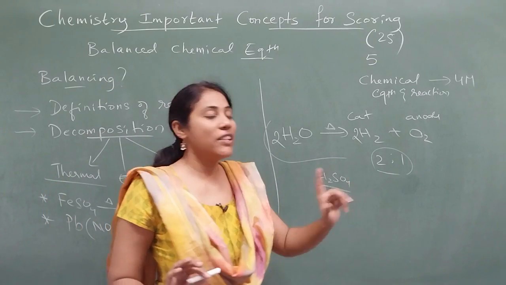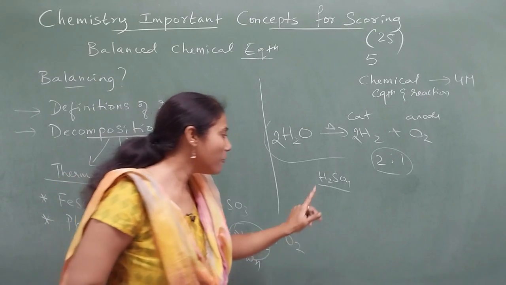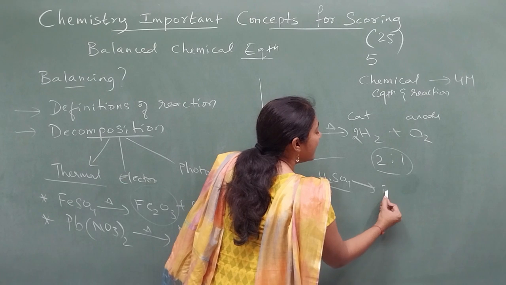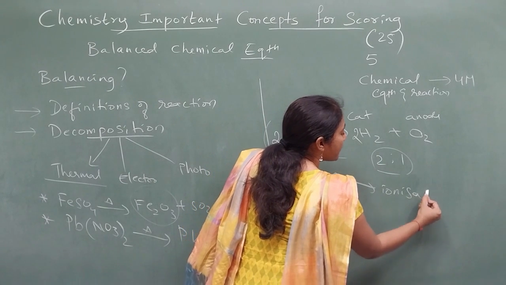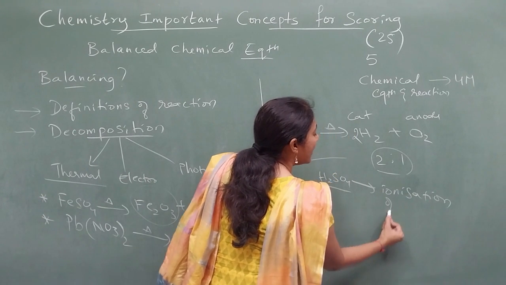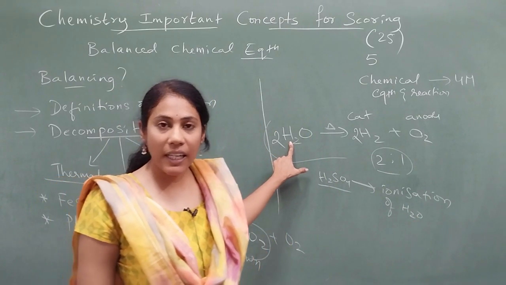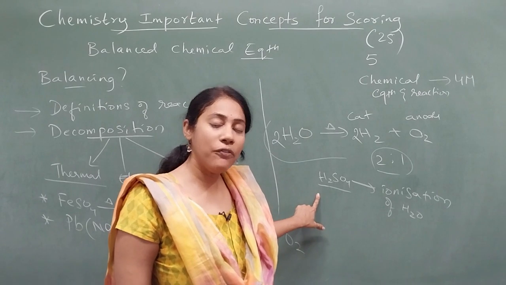What is the use of H2SO4? They'll ask you, what is the use of H2SO4? It will help for ionization of water. So breaking of water is difficult, so we take the help of H2SO4.